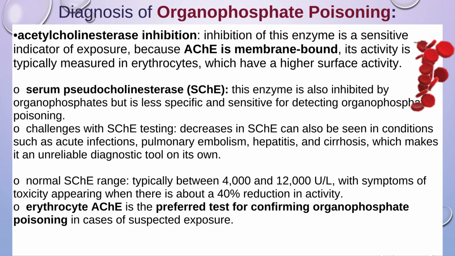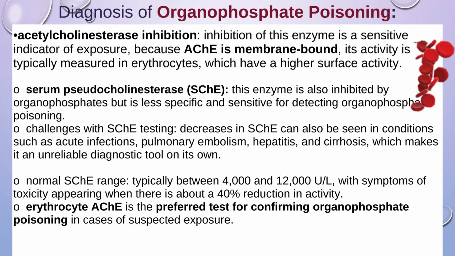This enzyme is inhibited by organophosphates, but we should remember that it is less specific and sensitive in detecting organophosphate poisoning. So what are the challenges in acetylcholinesterase testing and serum pseudocholinesterase testing?